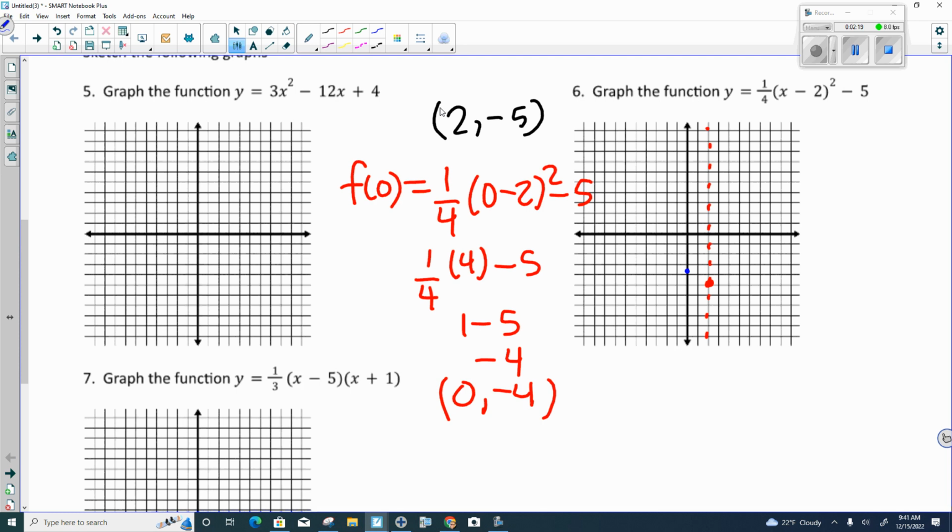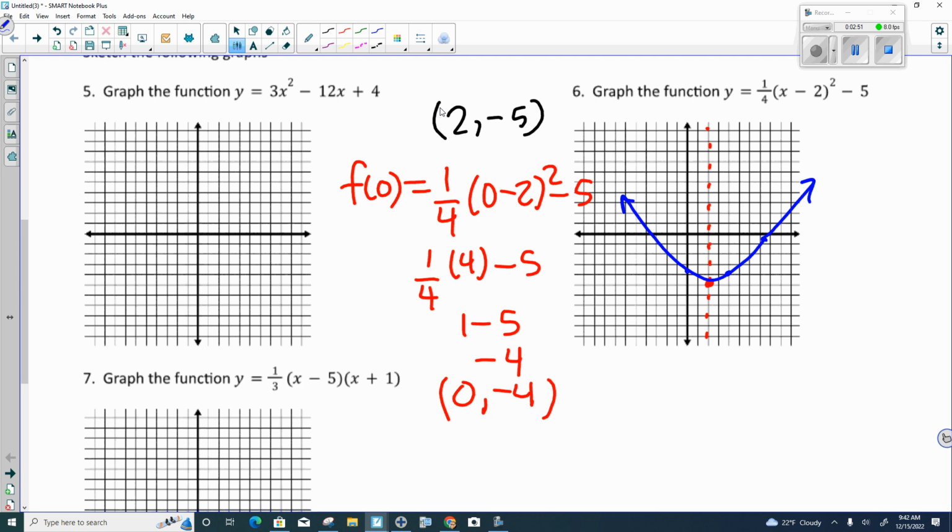So if it's 2 away on the left, I'm going to reflect it 2 away on the right. And here's my parabola. And I like that it's really wide because this is a vertical shrink. This distance has shrunk, so it should be pretty wide. If it's a negative here, it should have flipped upside down, which none of them are negative so far.